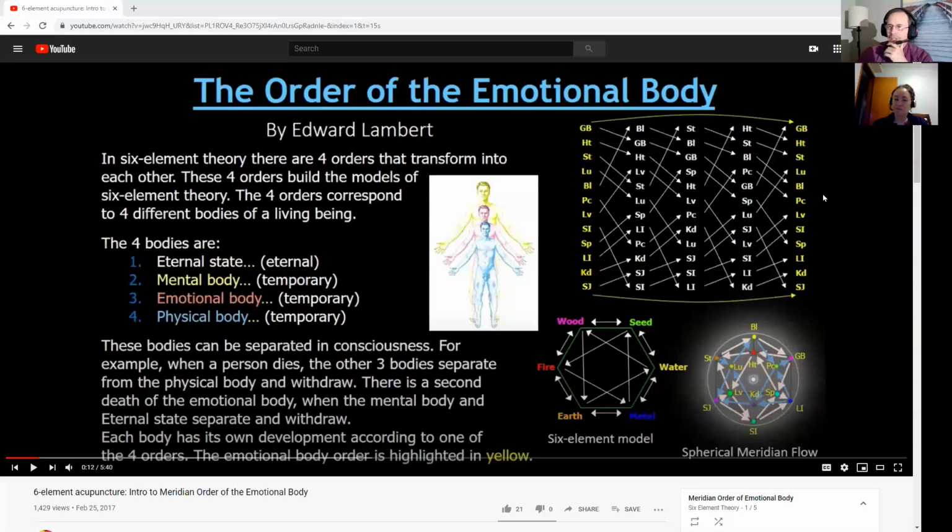Yes, we basically have four bodies, and we're able to live in those four bodies with our personality. So this physical body, we actually inhabit the physical body. We go into it. And it's pretty much the same thing with the emotional and mental body. They're forms that we can live through.